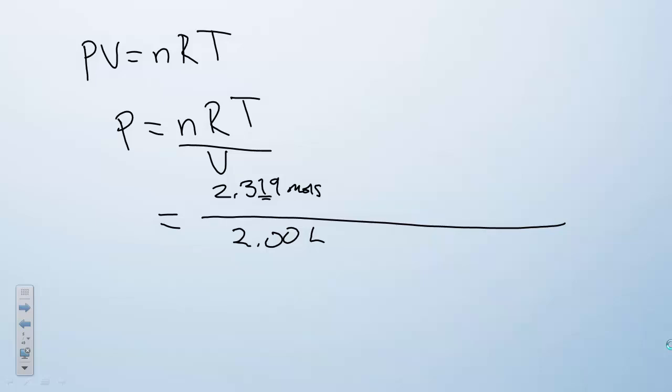The temperature is 373.2 Kelvin. And the last thing that I have to use is R, and I have to put the gas constant in here. I'm going to change the gas constant to red just so you can see how I'm doing this. 0.08206 liters atmospheres, and then in the denominator moles Kelvin.